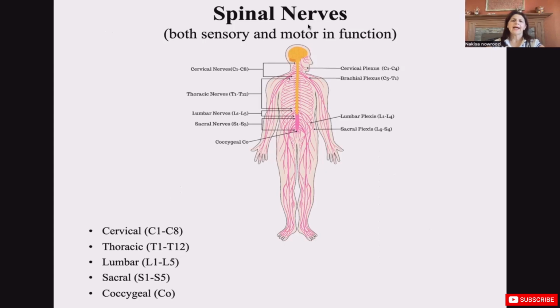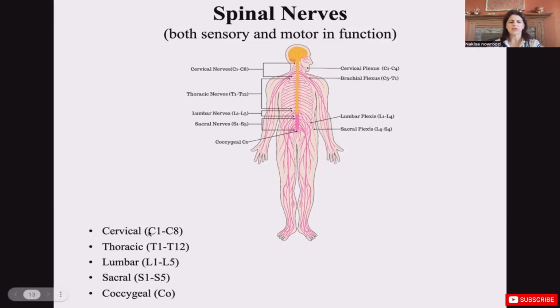Here we're looking at the spinal nerves. As far as their function goes, they are mixed, so they are both sensory and motor in function. You have 8 pairs of cervical nerves.